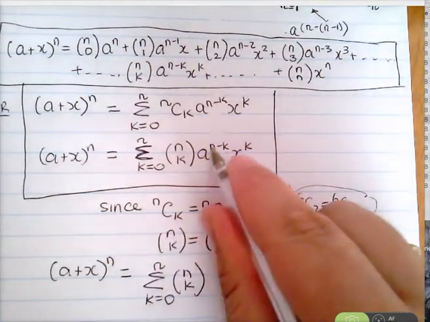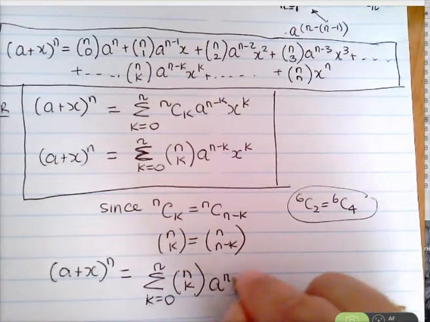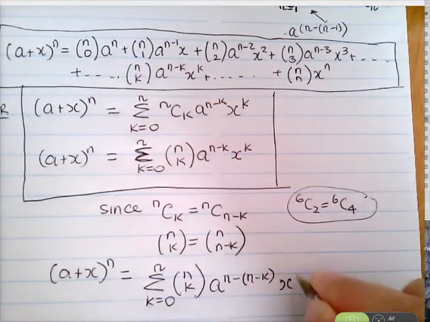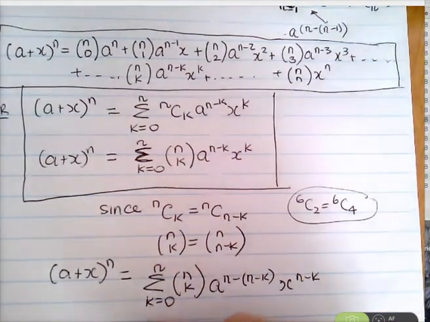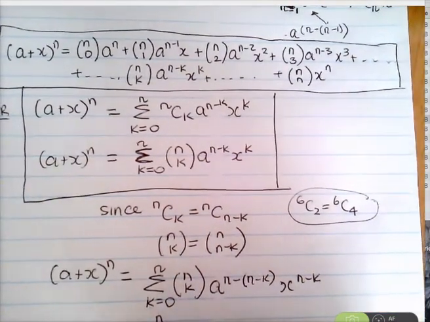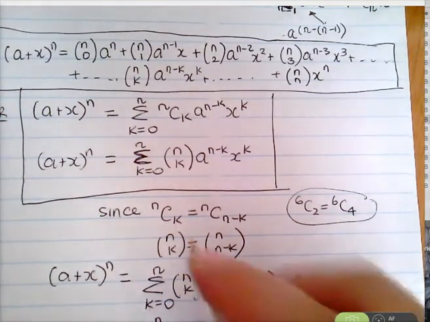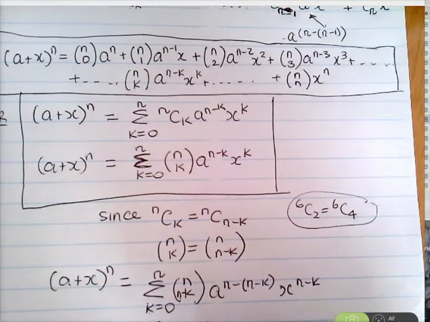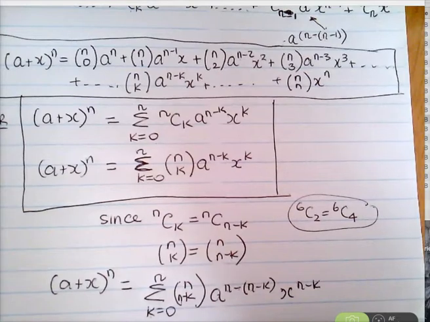Now, if I replace my k with n minus k, I get a to the n minus k, and if I replace this k with n minus k, I get x to the n minus k. So it's the same as the sum from k = 0 to n of n choose n minus k, a to the n minus n plus k, x to the n minus k.